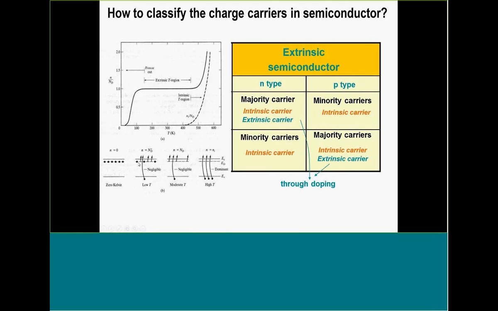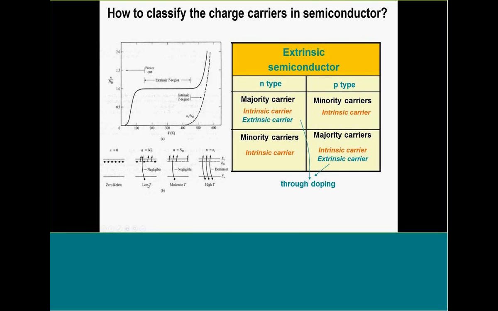The electrons at the energy level near the conduction band have sufficient energy because the energy difference is small, so they just absorb the energy and move to the conduction band. So we are going to have a lot of charge carriers in this region due to the extrinsic carriers.